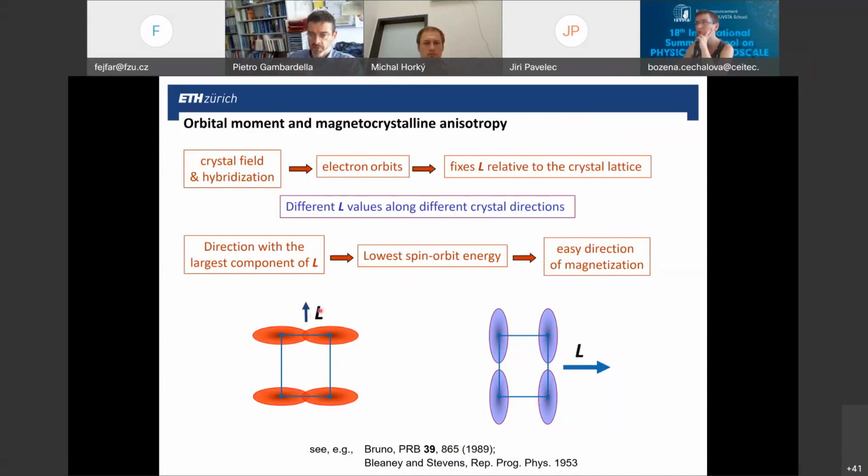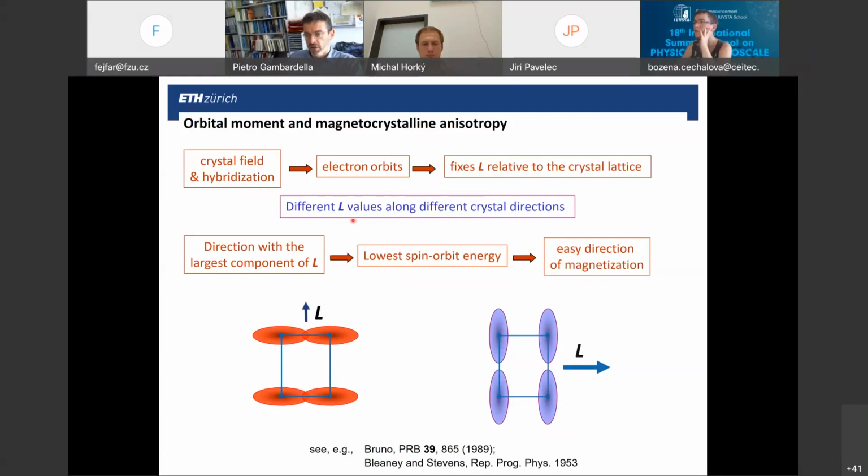here. Okay. And so the orbital magnetic moment somehow has different values, different expectation values, depending on the direction relative to the crystal axis. So you can have a situation where you have a smaller orbital moment along one axis and a larger one along the other.